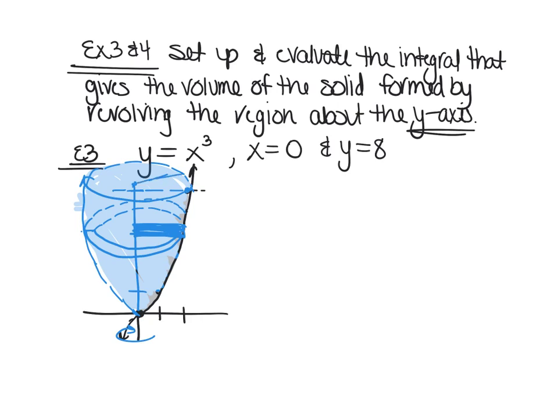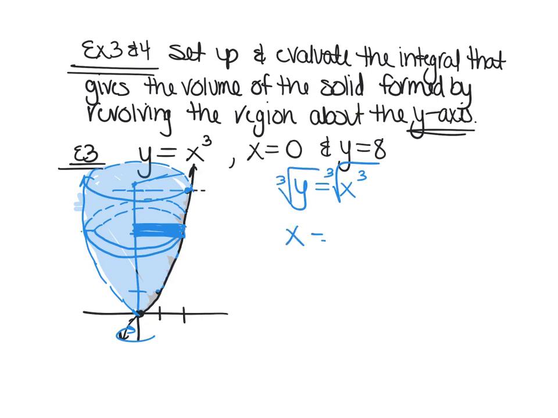All right, so again, we're in the y direction. So in order to come up with our radius, it has to be in terms of y. Currently, this is a function written in terms of x. We need to make this a function in terms of y, and sometimes those won't be functions. So to undo a cubed, we cube root both sides.